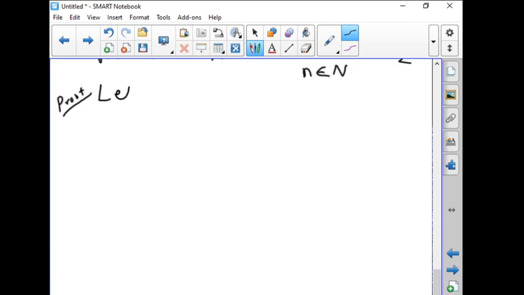So let S of n be equal to n plus n minus 1 plus n minus 2 plus etc. up to 2 plus 1. That is, we have taken it in the reverse order. First we have taken 1 plus 2 plus 3 etc. up to n.